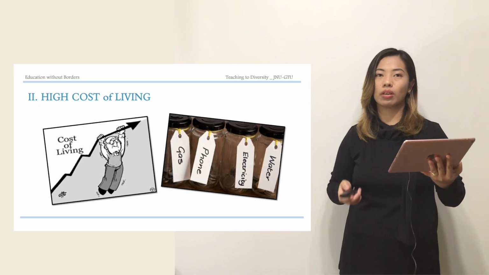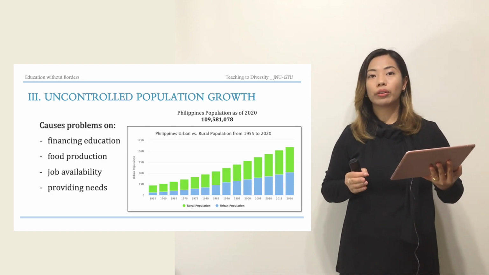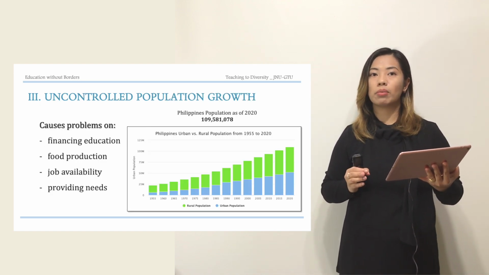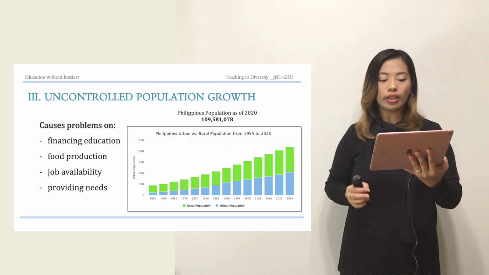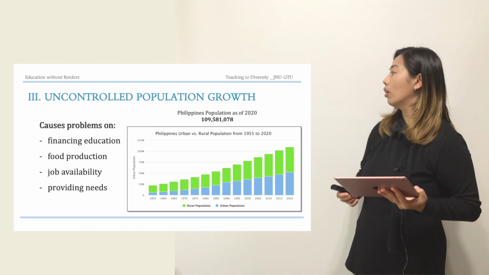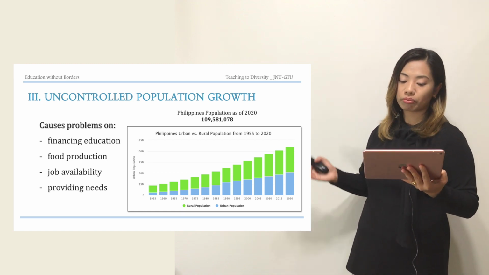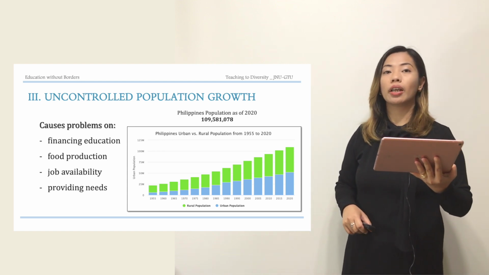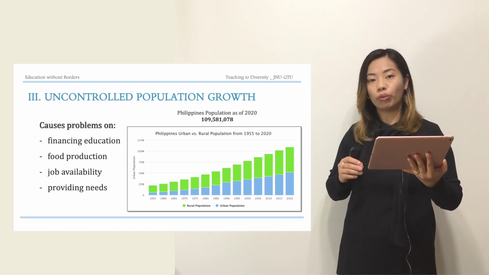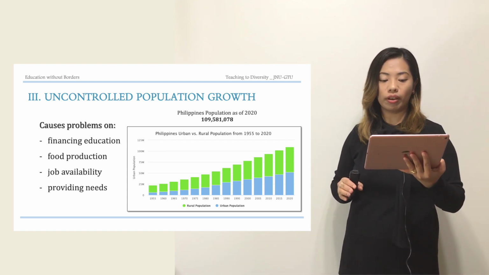Okay. Another factor affecting the Philippine education system is, of course, uncontrolled population growth. This actually causes problems in financing education, food production, job availability, and providing the needs of the members of the family.